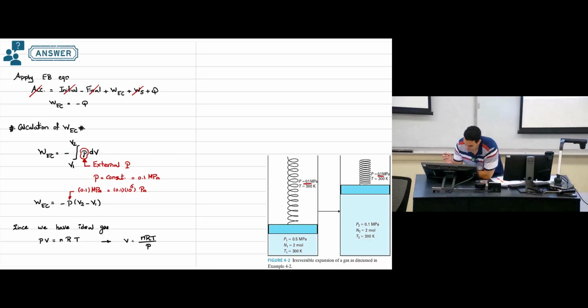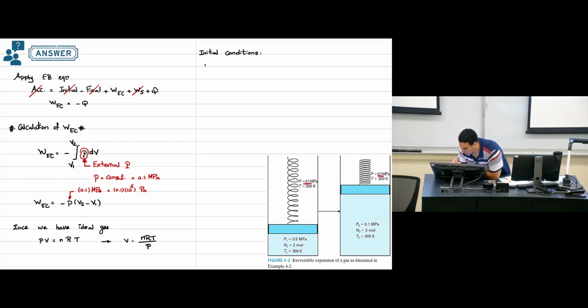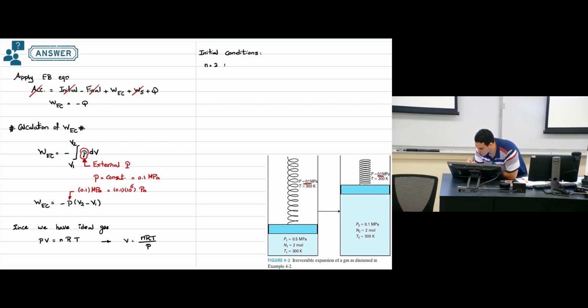For the initial conditions, the number of moles is 2 moles. The pressure is 0.5 times 10 to the power 6 Pascal.